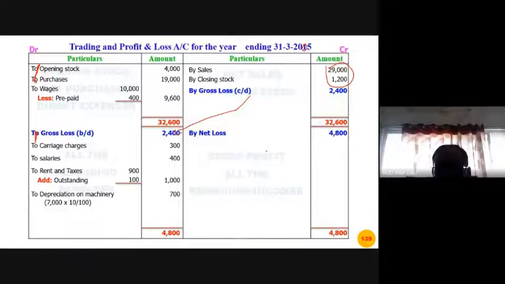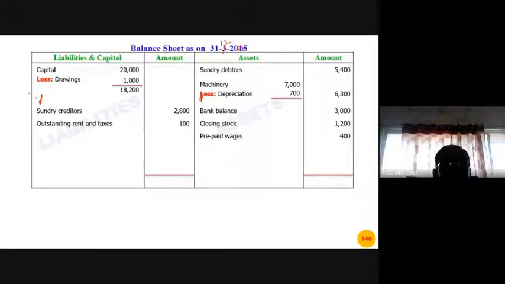Yes, now let us go to the balance sheet. Here we have to show the net loss and deduct it, because this net loss is to be borne by the owner. What is that? 4,800. Deduct 18,200 minus 4,800. Yes, what is that? 13,400.